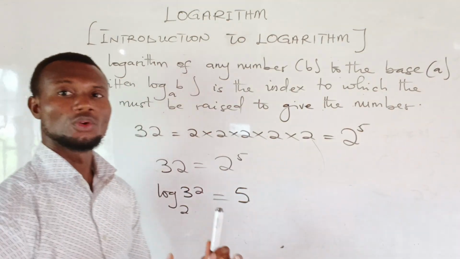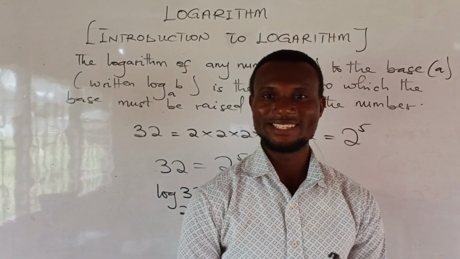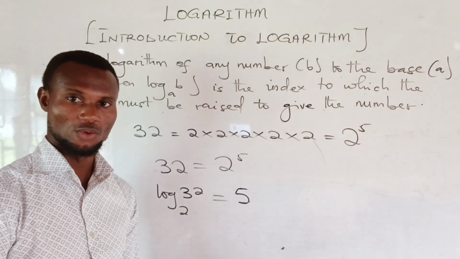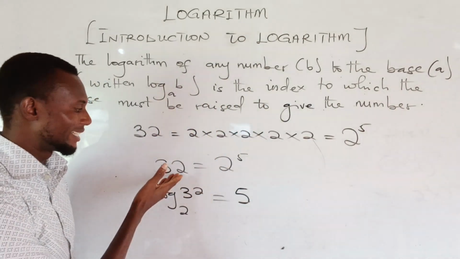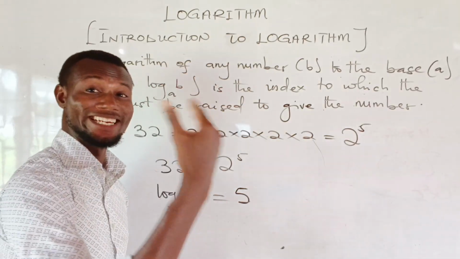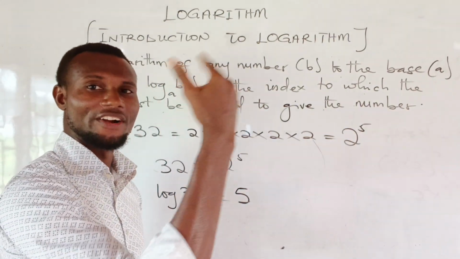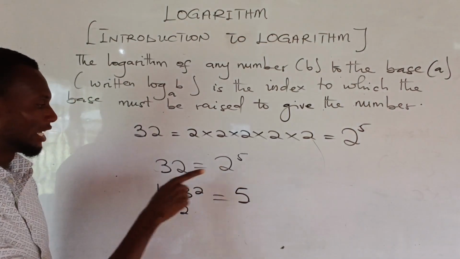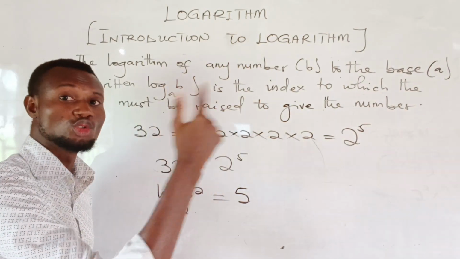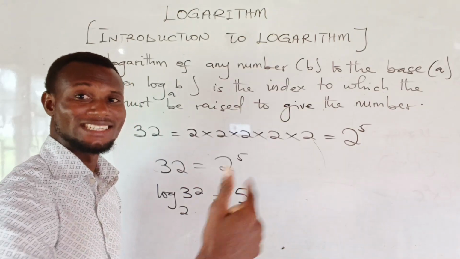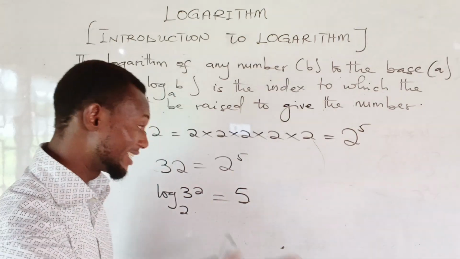So the logarithm is just the inverse of the indices that we know. Look at the 32, I've written it in index form as 2 to the power 5. The definition of logarithm is saying that when I take the log of 32 to the base, it means the number that you used in expressing the 32.